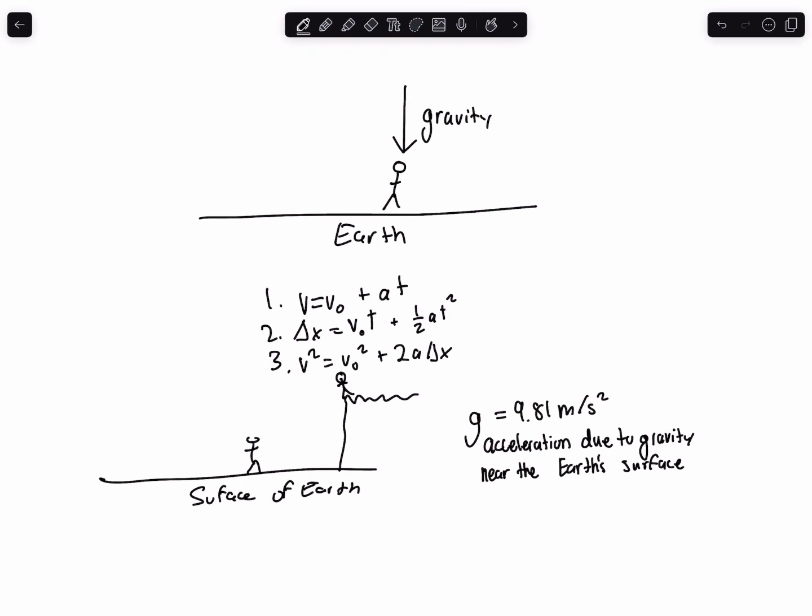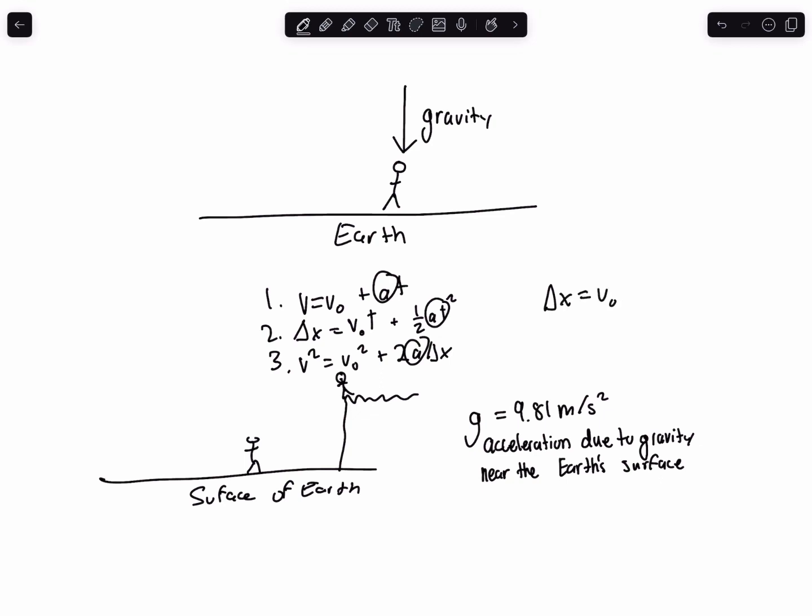Okay, that's all well and good, but why do I care? Why do I need this G character? Well, let's take a look at our big 3. There's acceleration in this one, acceleration in that one, acceleration in that one. Acceleration seems kind of important in kinematics, huh? Now, let's say we take equation 2, for instance.